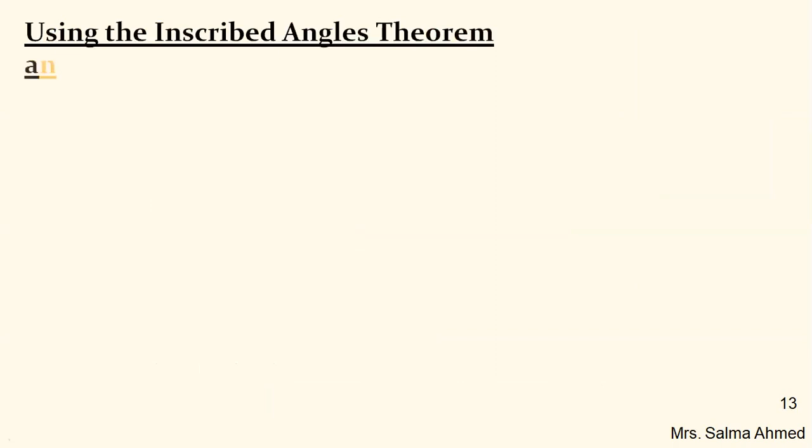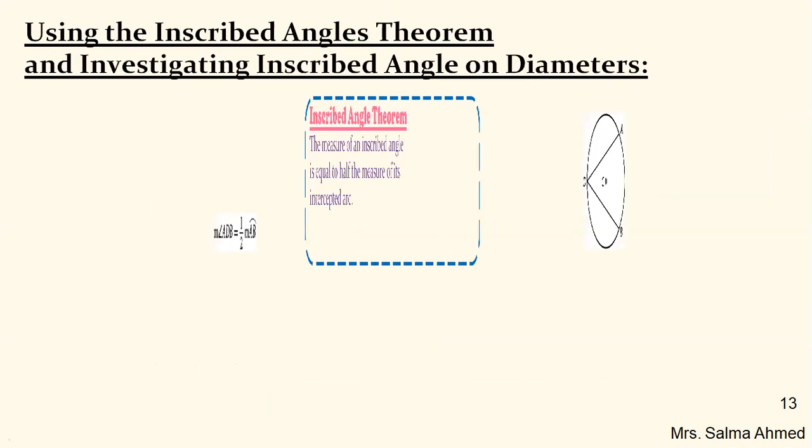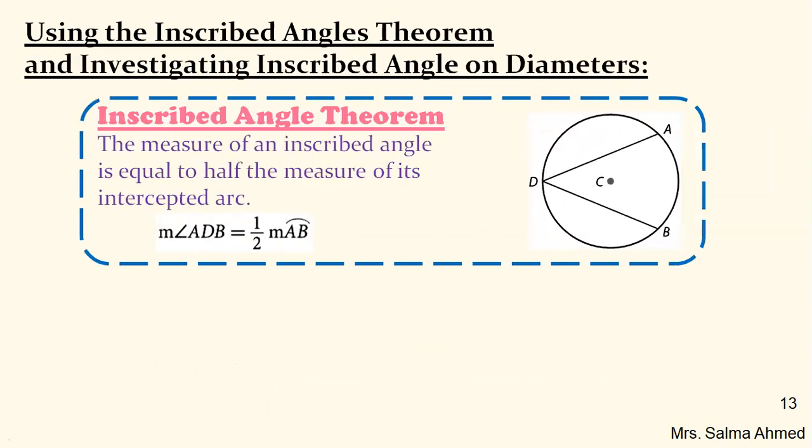Using the inscribed angle theorems and investigating inscribed angles on diameters. Here we have the inscribed angle theorem: the measure of an inscribed angle is equal to half the measure of its intercepted arc. What does it mean? If I have two chords, the inscribed angle is half the measure of this arc. If I join from C to A and from C to B, this is called the central angle.